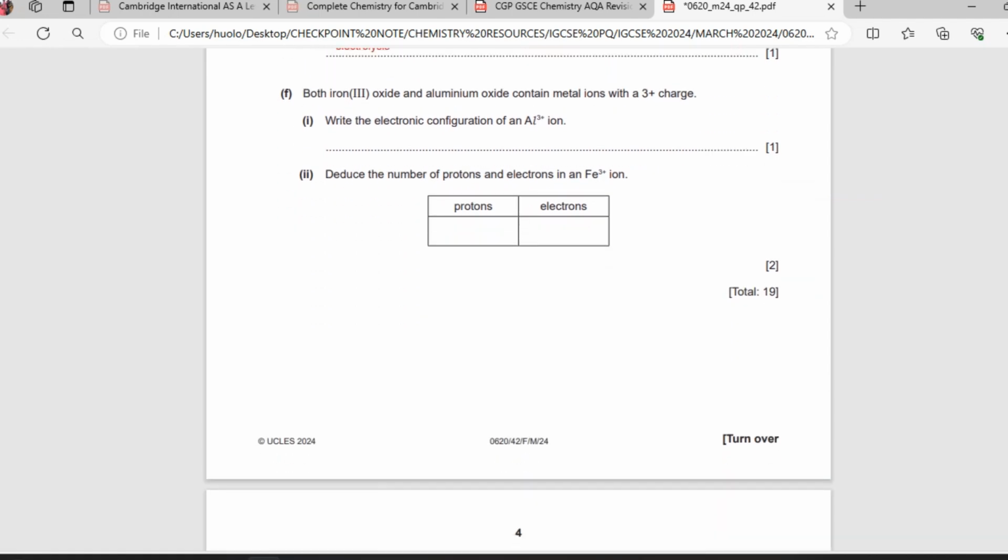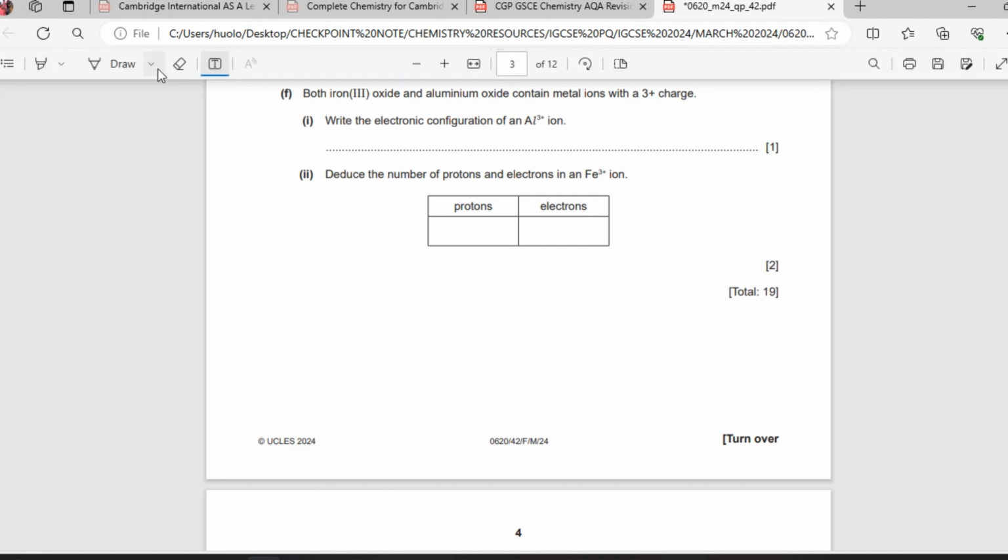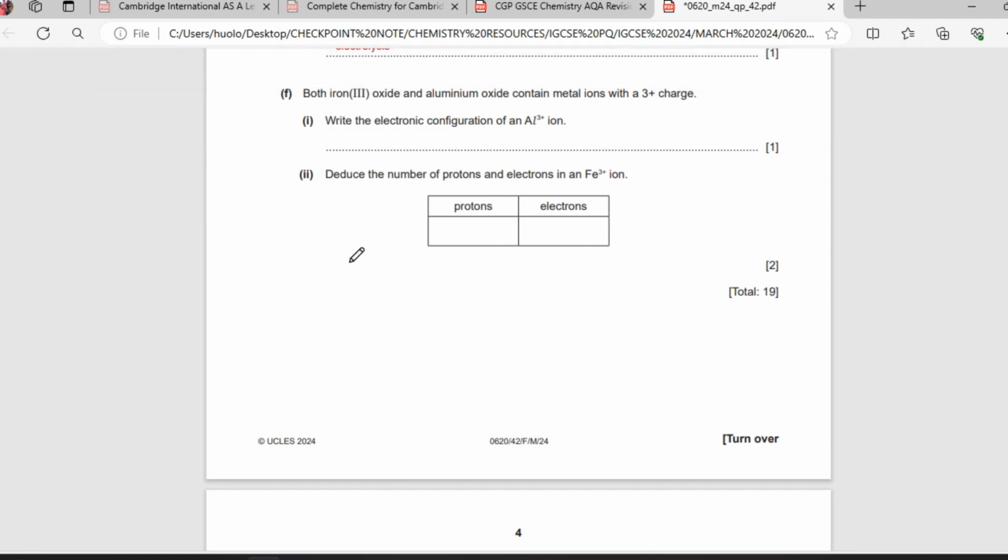We're making progress. Both iron 3 oxide and aluminium oxide contain metal ions with a +3 charge. Write the electronic configuration of the aluminium ion. Please note that any ion will always have a stable electronic configuration. So for aluminium, it's meant to end with 8.